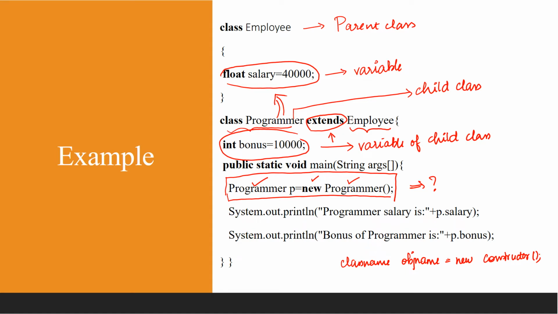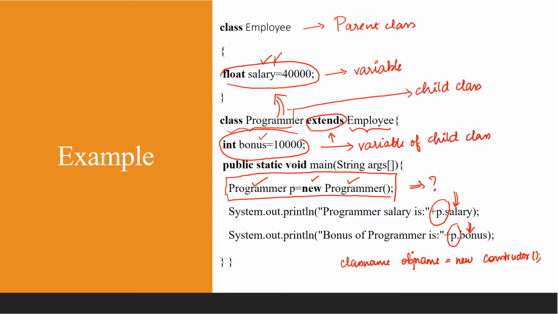So we have created an object, and after creating the object we are going to print the salary, that is this one, and then the bonus. Since we have created an object for the child class, you should use this object as reference in order to call the salary variable and also the bonus variable. It is not required to create a separate object for the parent class in order to call this salary variable.